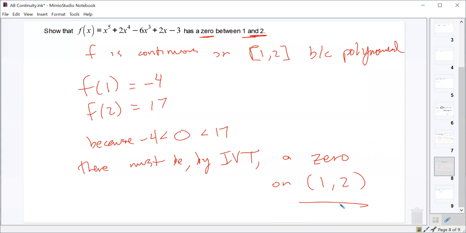So we know that there must be a place between 1 and 2 where the function has to equal 0, because it went from negative 4 to 17 and the function is continuous. Good or no? Good. All right. Those are the two basic things you'll need to do with the intermediate value theorem. That's all there is to it.